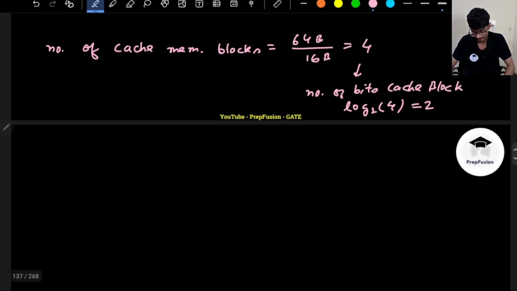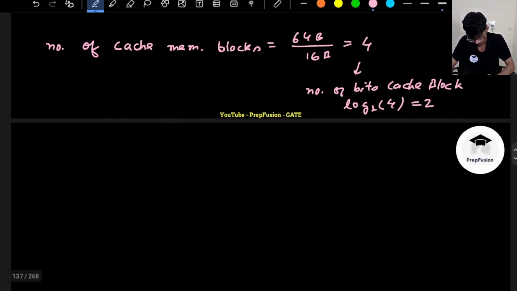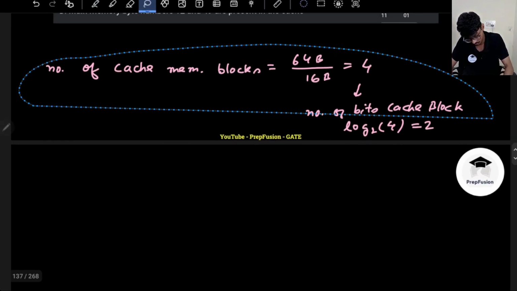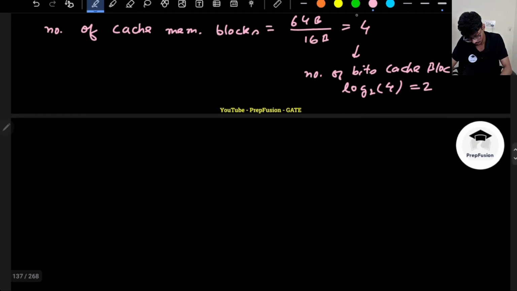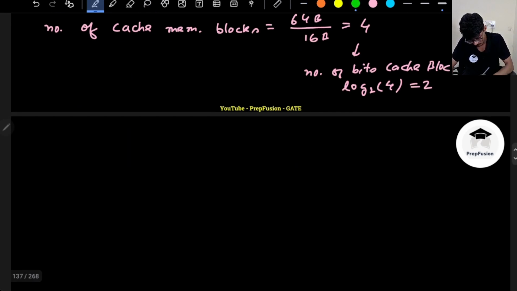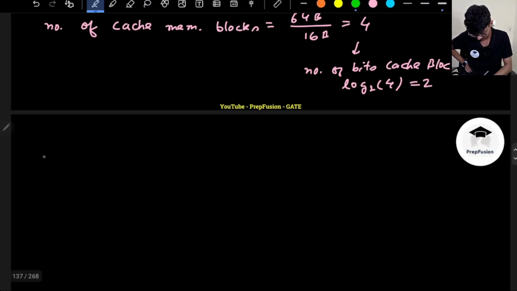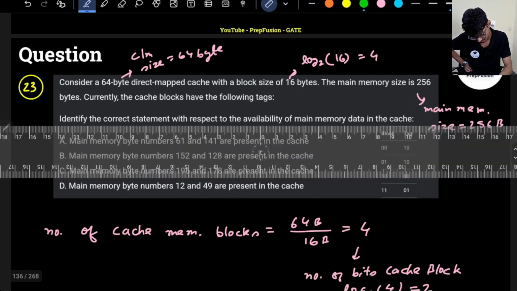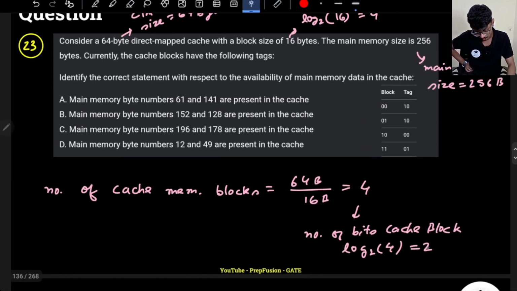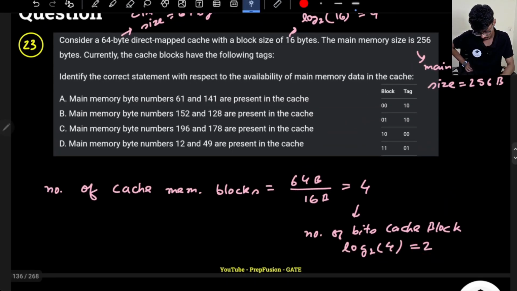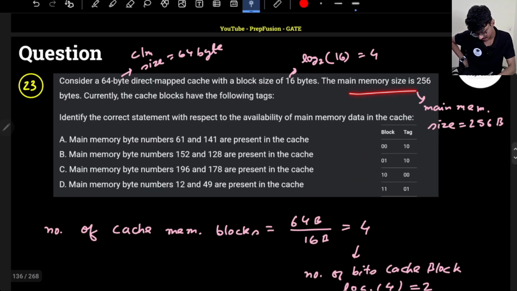Okay. Then I will find out the byte offset. What is the number of byte offset bits? I have already written it, right? Yes, byte offset is 4. So 4 bits are for byte offset and 2 bits are for the cache memory block number. Overall, what is the main memory size? 256 bytes.